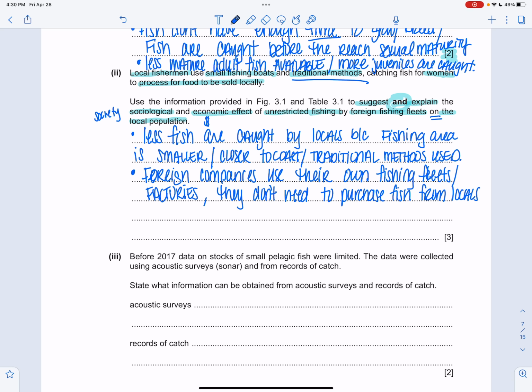And now we're going to talk about the effect, right? So this is the suggestion. This is suggest, which is what is happening, and now we need to explain the effect sociologically and economically. And this will cause a loss of income for the locals.